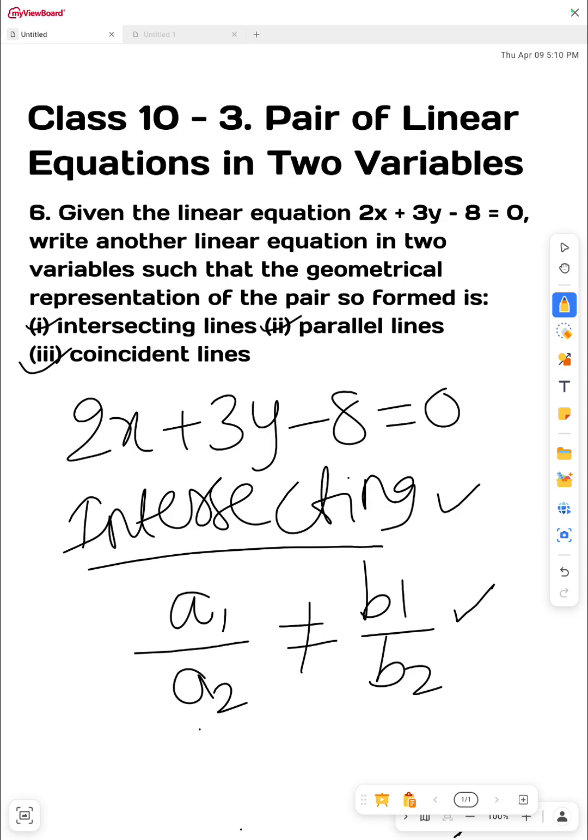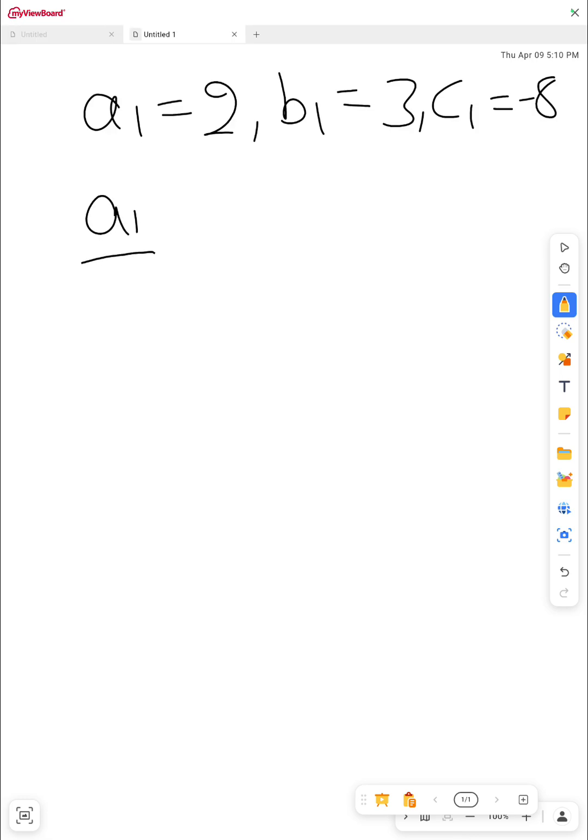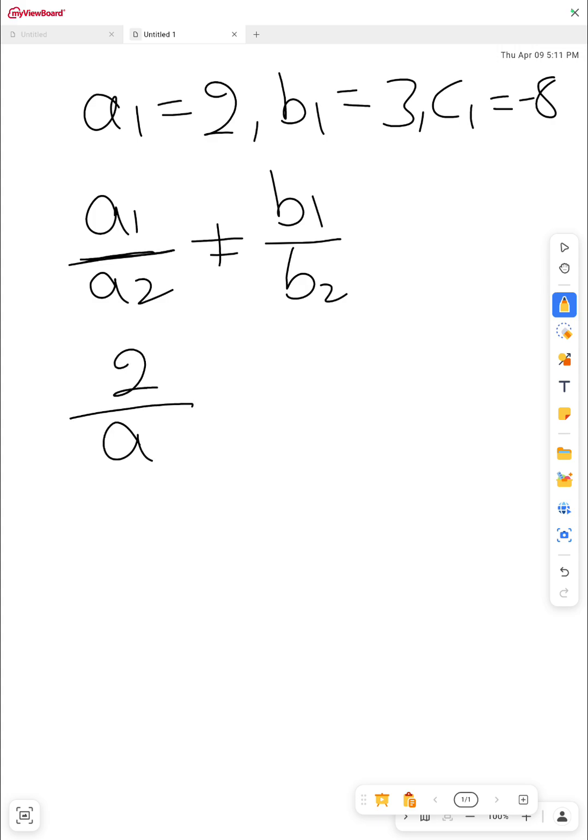Now we need to write a2 and b2 in such a way that a1 by a2 is not equal to b1 by b2. So a1 value is already given, 2 by a2, and b1 value is 3 by b2. These two should not be equal.